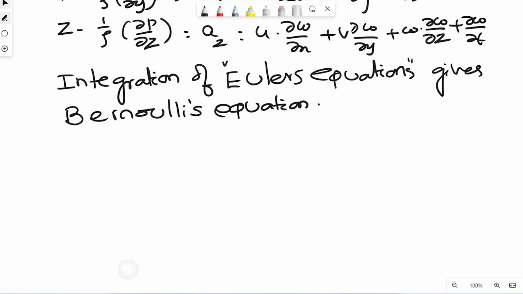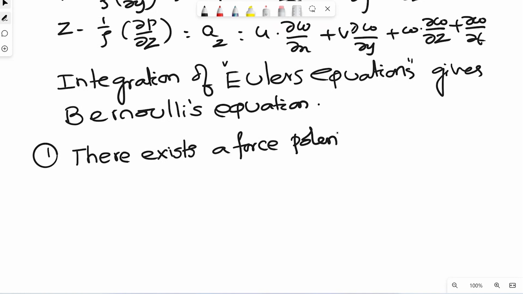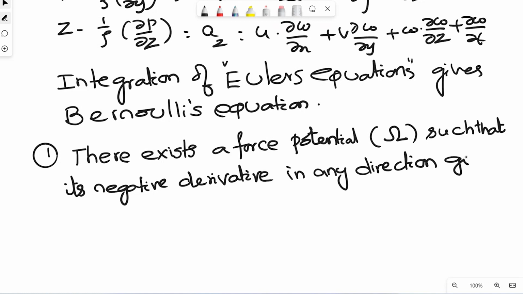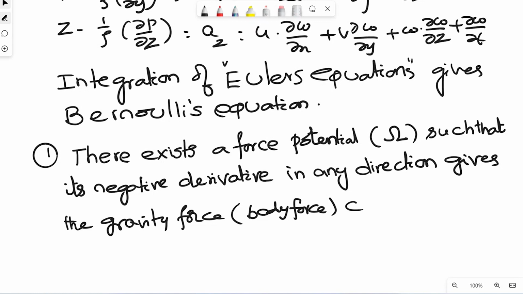So that's why the first step we are doing is, there exists a force potential, denoted by phi, such that its negative derivative in any direction gives the gravity force component per unit mass in that direction.